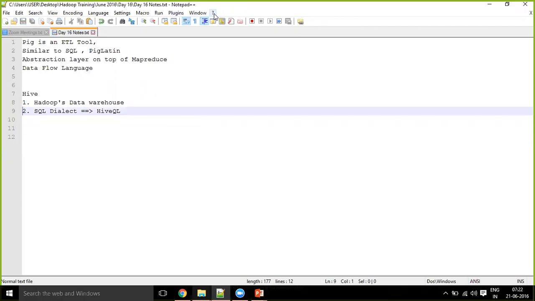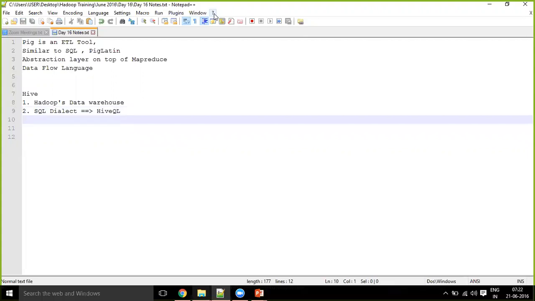So it is a data warehouse, SQL dialect. So one good example: if I give you one requirement, and if I give you the answer both in Pig and Hive, then you will prefer Hive as a better one than Pig.